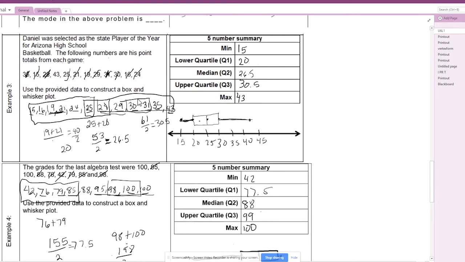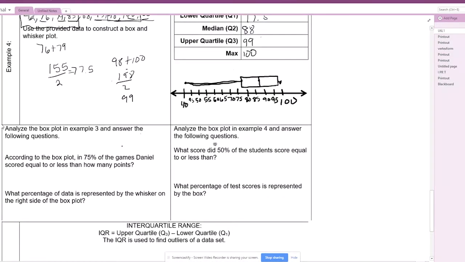So 25, 50, 75. So 75% of his points are less than this one right here, which is 30.5. So he scored less than or equal to 30.5 points in 75% of his games.